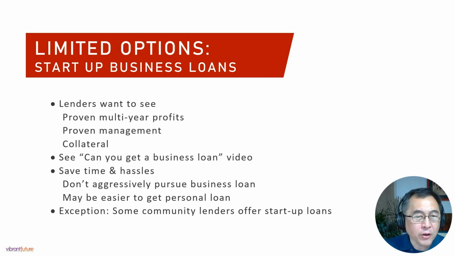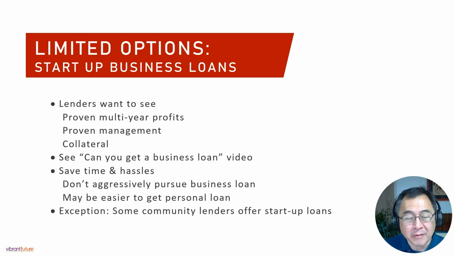So I mentioned earlier why business loans are limited, and there are a few reasons. One is lenders want to see proven multi-year profits. They're relying on the business to repay the loan, so they want to see profits. It's profits that repay a loan. They also want to see proven management.